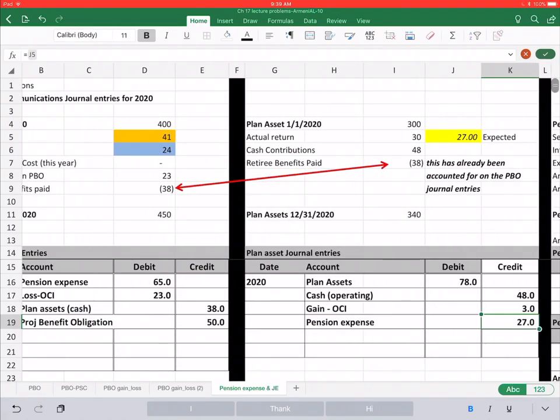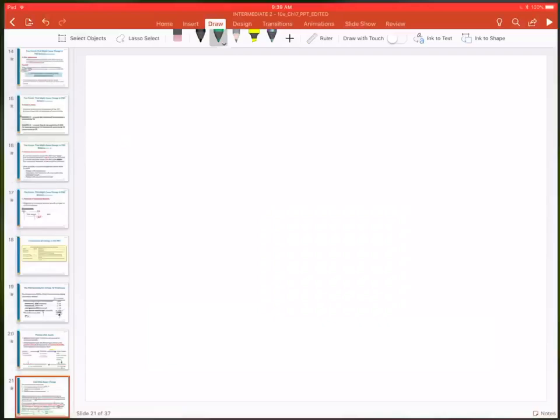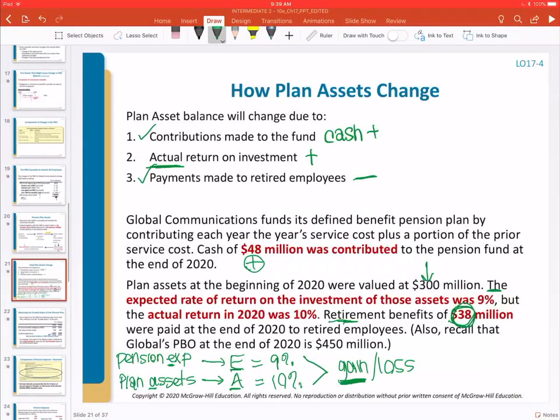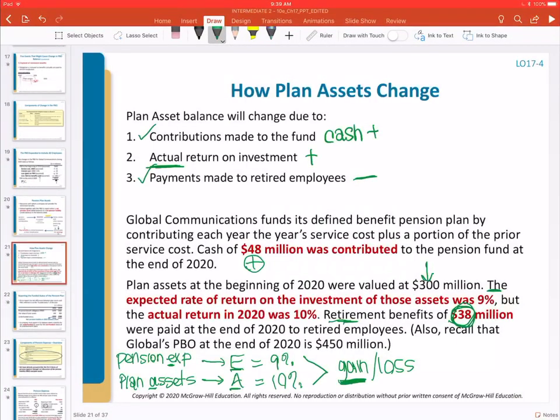So when we look at these two things together, the $65 million debit and the $27 million credit, we look at them together to get the net pension expense that we would have for the 2020 year. So again, that is how we account for the different elements of the plan asset fund. Then we're going to move on to talking about pension expense in the upcoming videos.